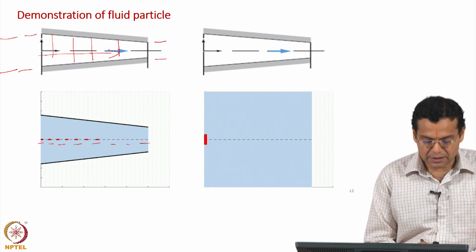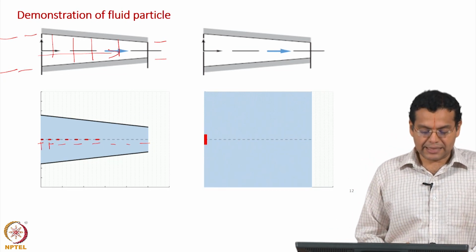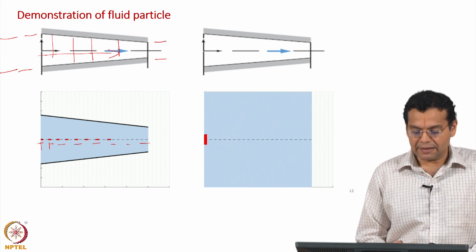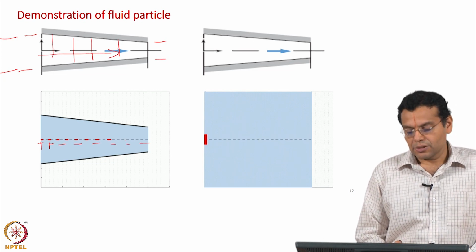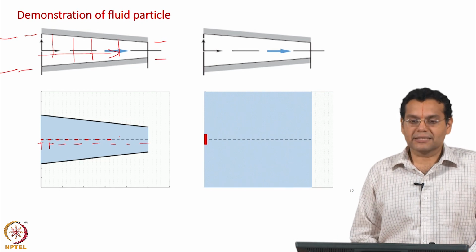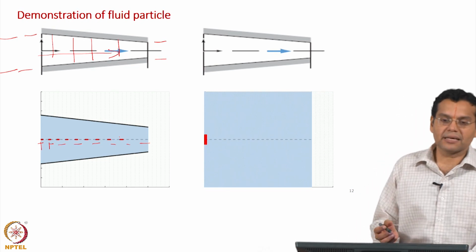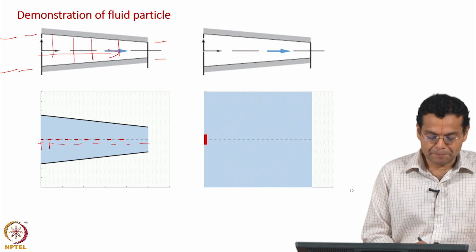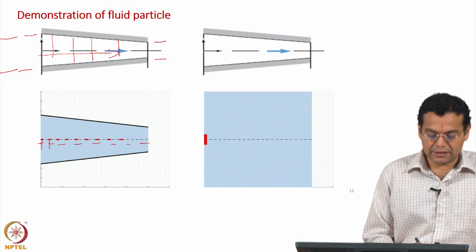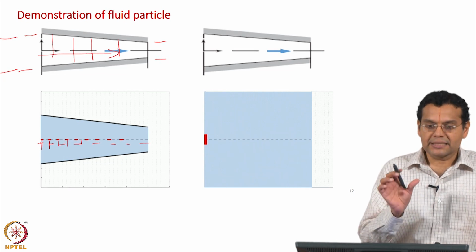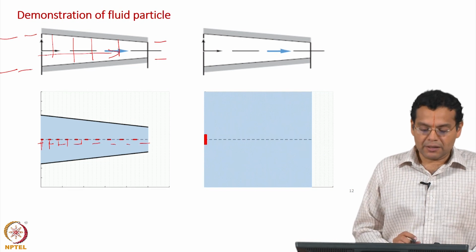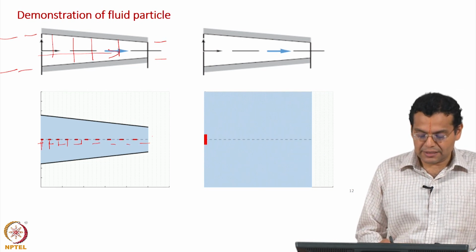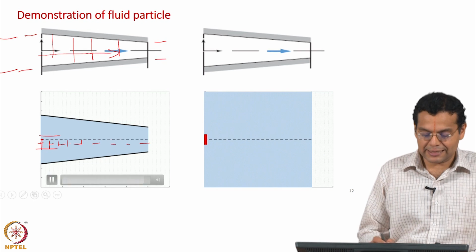For the same time interval, the distance travelled is larger as it goes towards the end of the channel, because of the increase in velocity along the length of the channel.